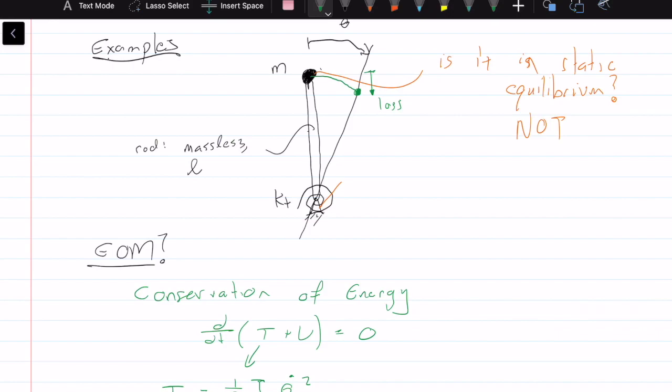Let's say this distance right here is L, the full length. The distance that it has moved down is L, this full distance, minus L cos theta. So we're left with this part right here, which is what we need. So L times 1 minus cos theta gives us the distance that the mass has moved.